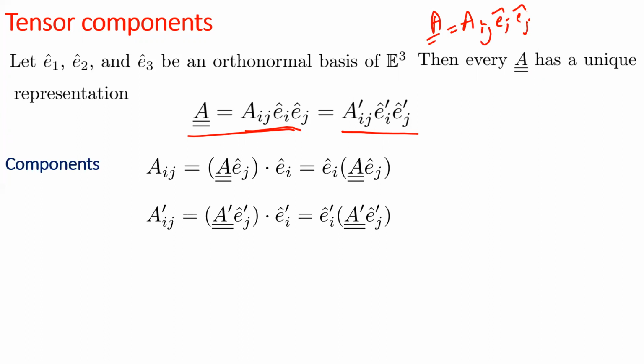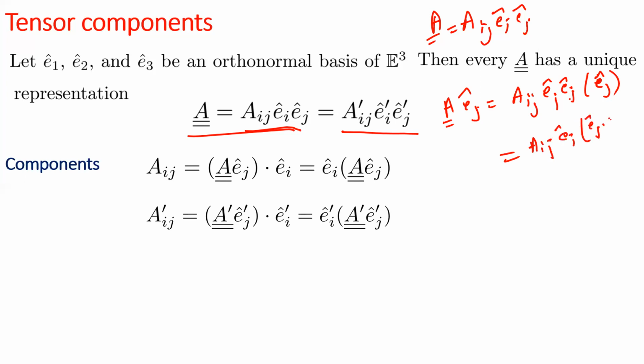Now, on either side, I'm going to multiply it with Ej. So I have Aij, which is a scalar, Ei Ej times Ej. What is this Ei Ej times Ej? This is basically the dyadic product. And how does this simplify? This simplifies as Aij Ei times Ej dot Ej.